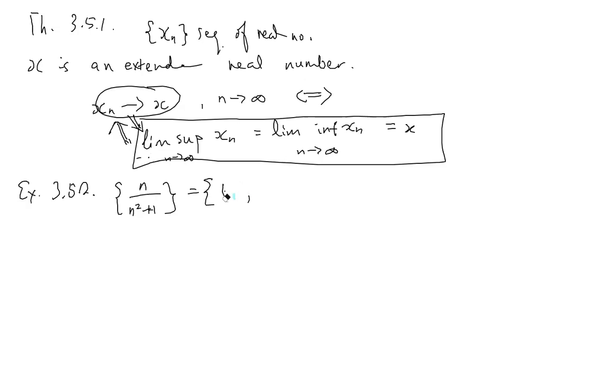1 over 2, 2 over 5, 3 over 10, and so on. Here I have n squared plus 1, (n plus 1) squared plus 1, and so on.